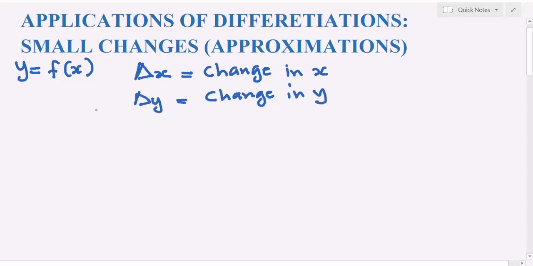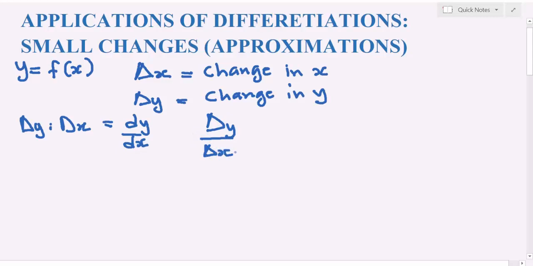We could use the ratio between the change in y to the change in x for our calculation, and we can say that this is equal to dy/dx. So we could say that delta y over delta x is approximately equal to dy/dx at a given value of x, where x is a given constant.